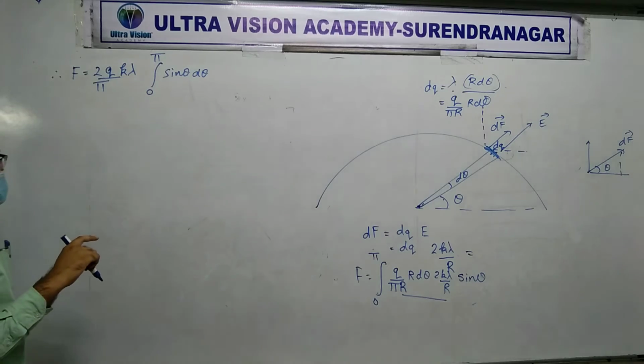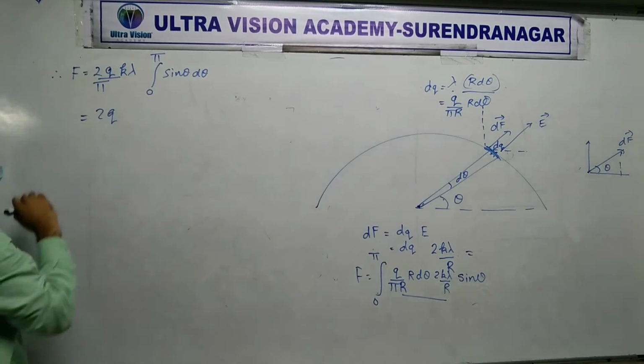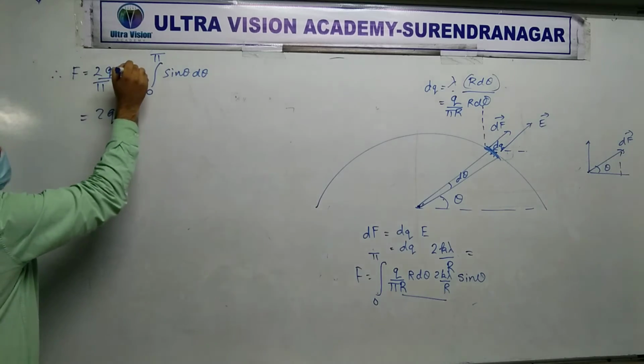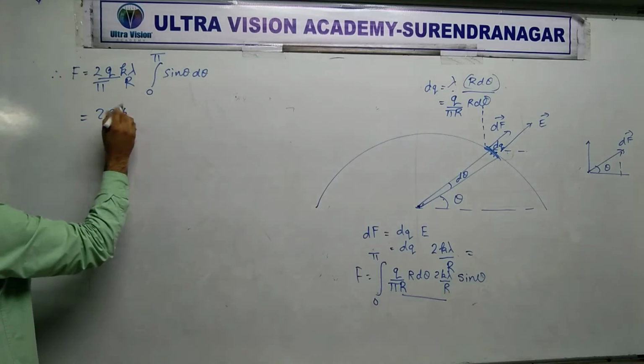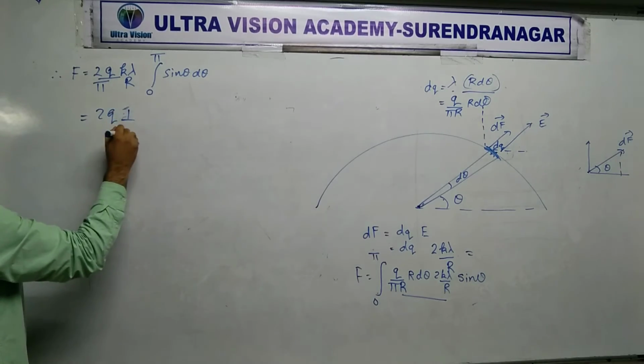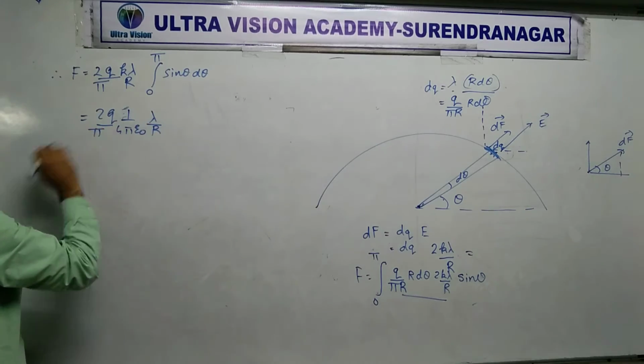Sorry, r cancelled and constants outside. Yes, in the denominator, correct. So 2q into k. What's k? 1 by 4 pi epsilon 0, lambda by r, and then there is a pi also.